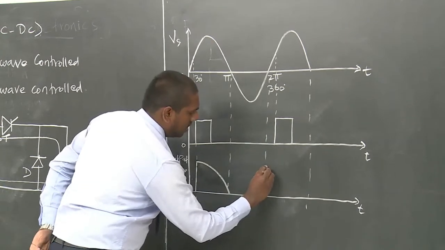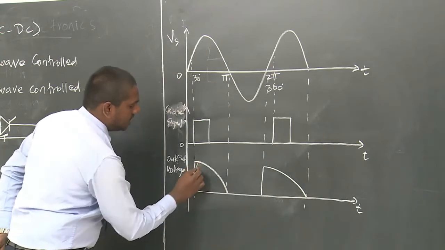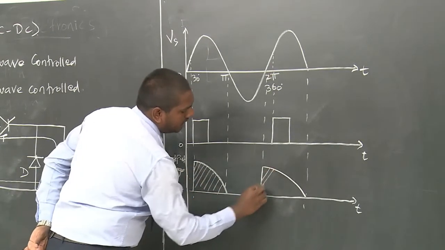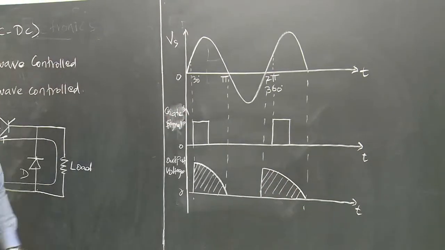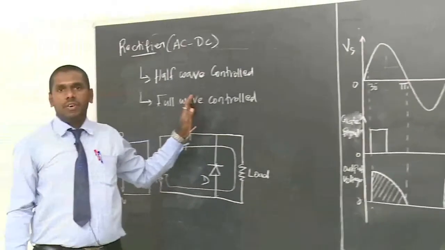Similarly for this end. So this is our output voltage. The output voltage is operated only in the positive region. So this is the output waveform for your half wave controlled rectifier.